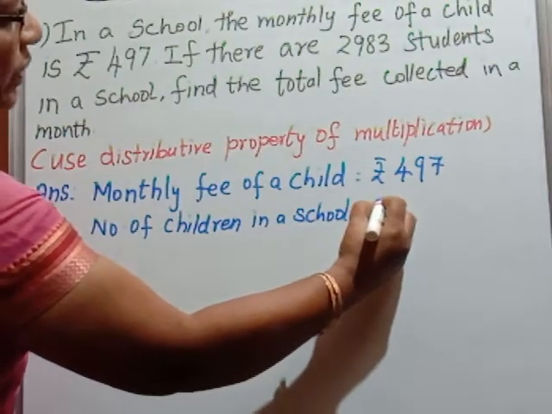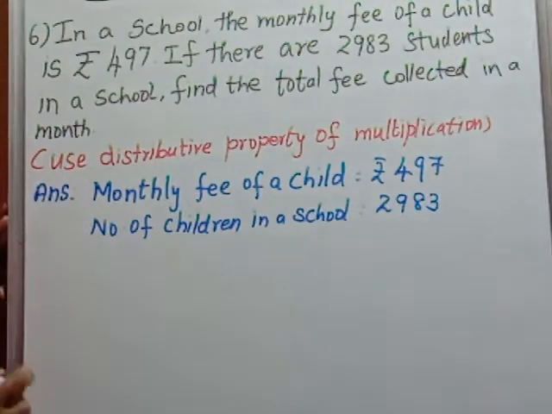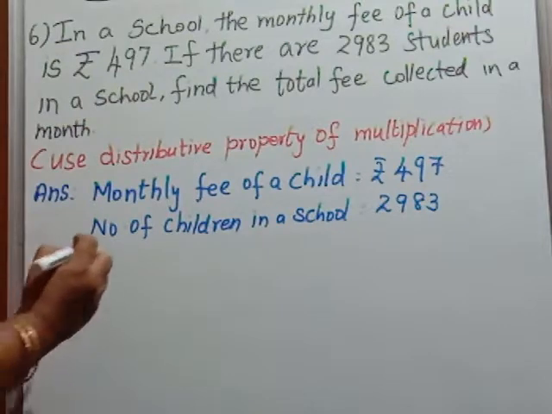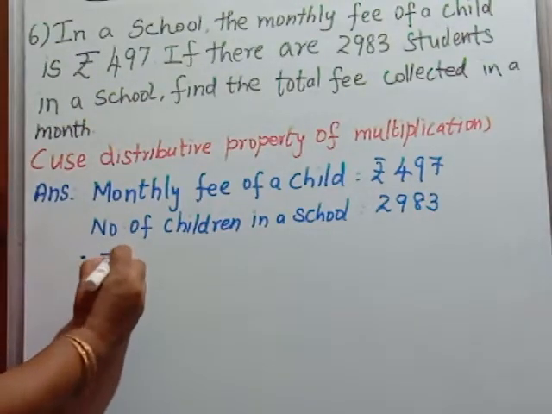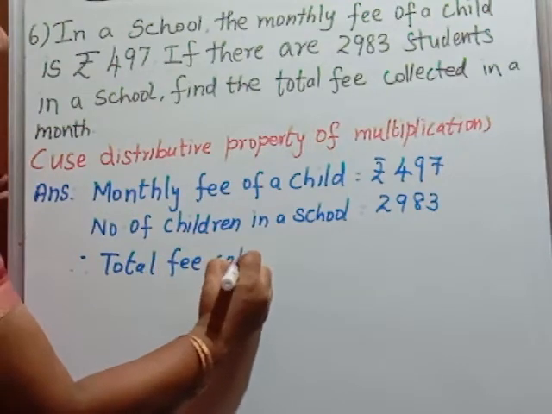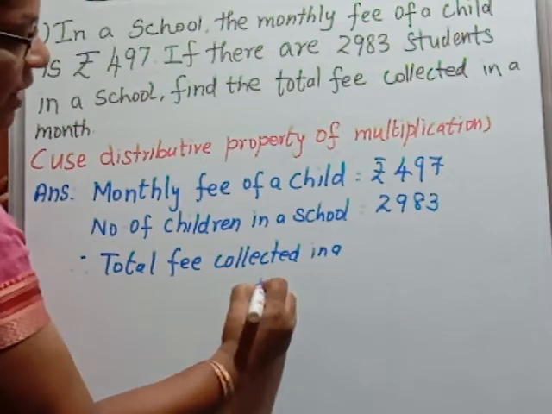How many? 2,983 students are there. Now we have to find the total fee collected, but we have to use distributive property. Therefore, total fee collected in a month.